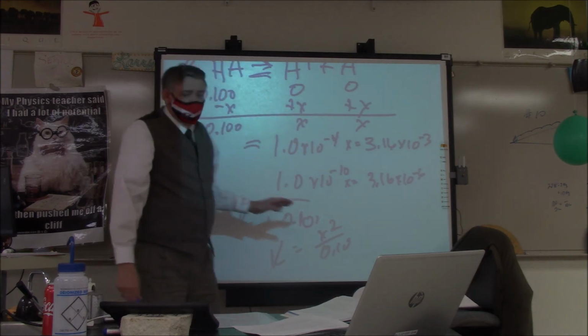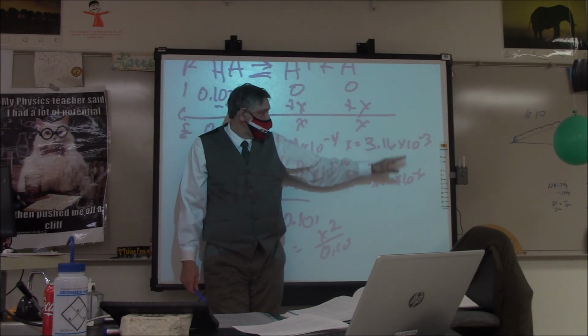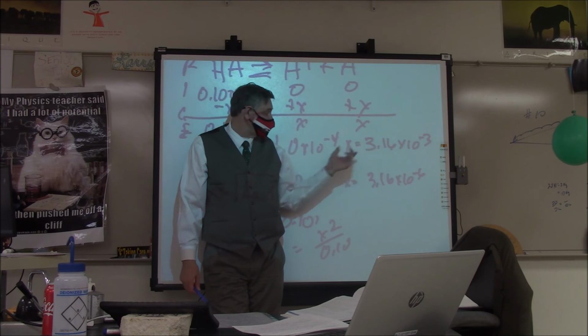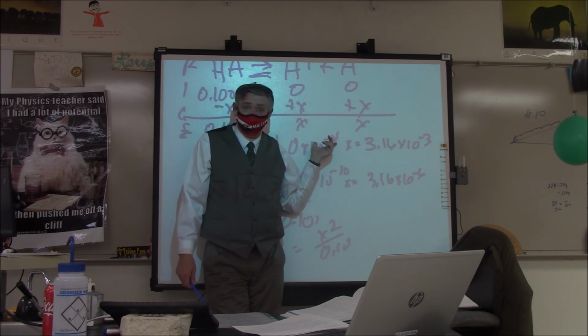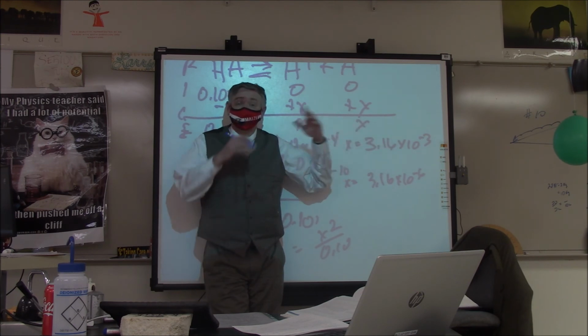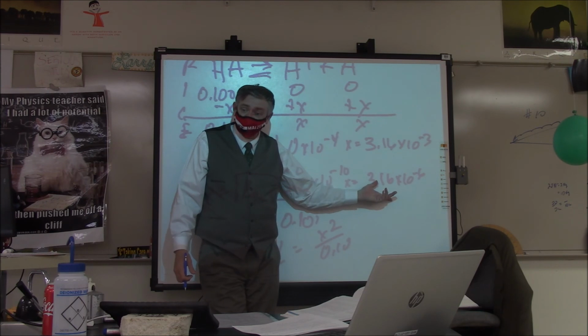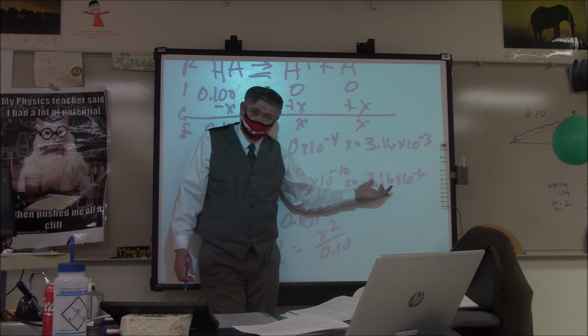Now, this is the concentration of your hydronium ions in both cases. So notice that this has a larger pH because it has a larger hydronium ion concentration, which means it ionized more. This one had a smaller concentration because it didn't ionize as much.